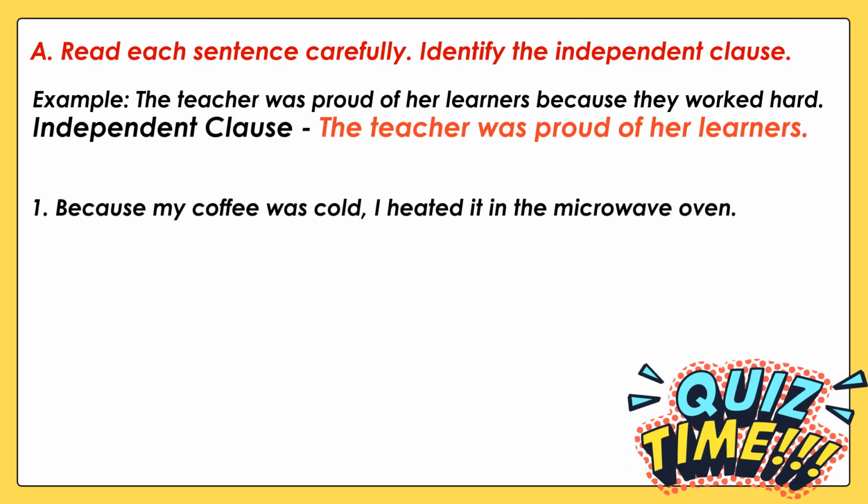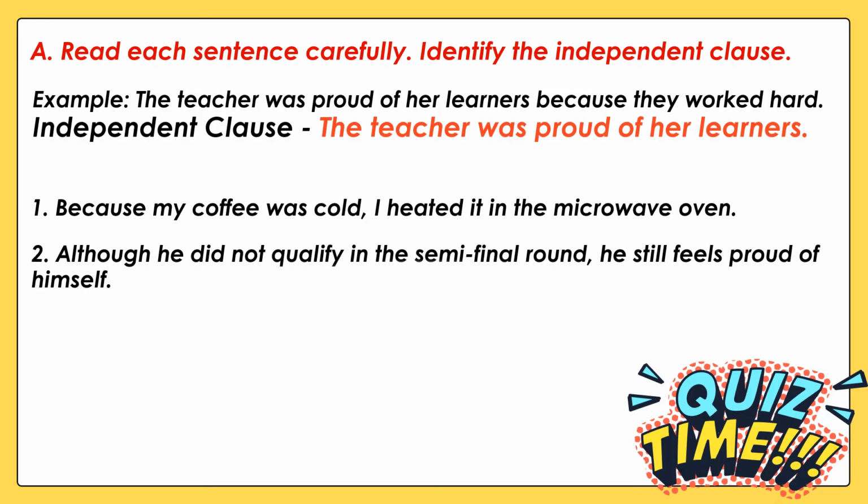Number 1, because my coffee was cold, I heated it in the microwave oven. Number 2, although he did not qualify in the semi-final round, he still feels proud of himself.